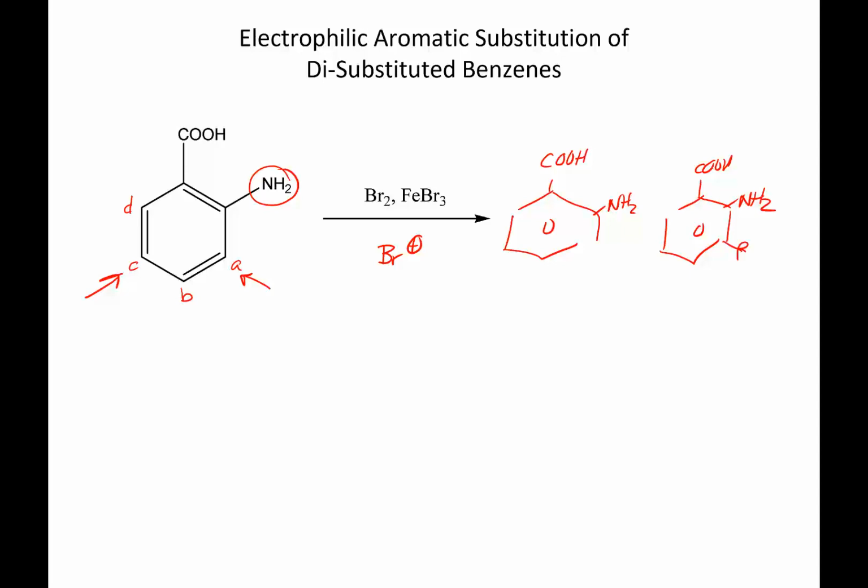I'm going to put it ortho to the NH2, and I'm going to put it para to the NH2. Since both of those are different products, they are different products. If they were the same product, we only need to write it once. The other ortho position is taken up by this group, and so that bromine can't go there. So that's how we do these problems.